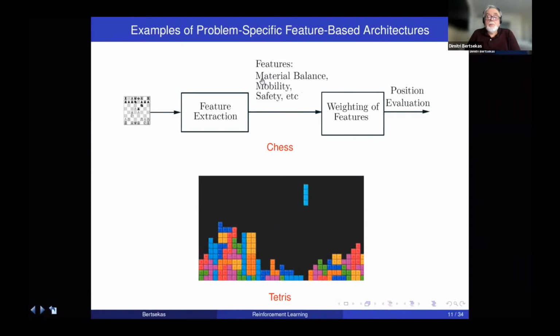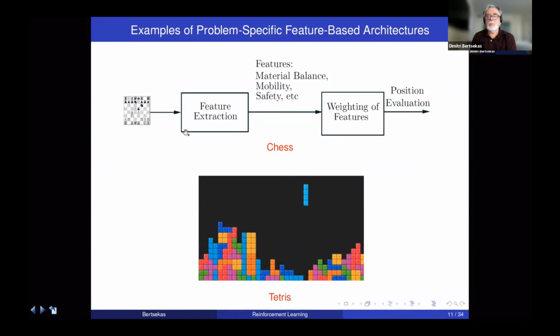These are, for example, the material balance, whether white or black has more material and how much more, whether the pieces have mobility, they can reach more squares or less squares, whether the king is safe, other strategic features like open files. All of this a chess player catalogs in his mind and mentally builds, evaluates the position.